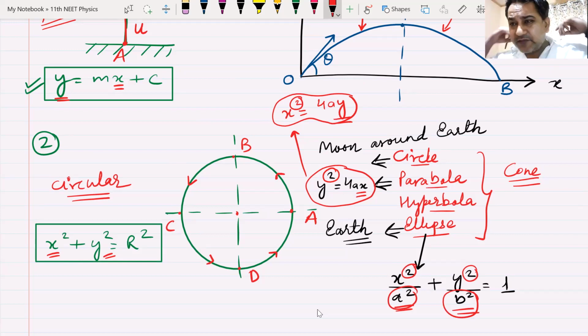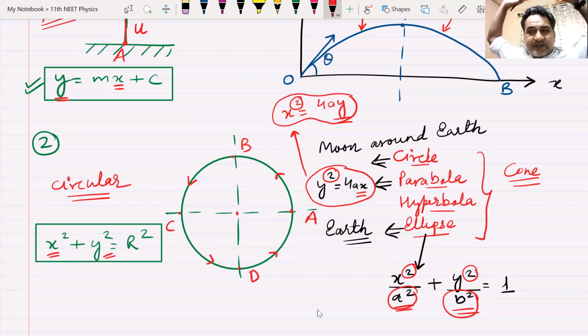Are you following me? I'm just giving you a brief introduction because we'll be needing this. That is why I have to tell you this. Brief introduction of how to differentiate between different equations. Both the powers are 1, straight line. Both the powers are 2, coefficients are same, circle. Both the powers are 2, coefficients different, ellipse. One power is 2, other power is 1, it becomes a parabola.